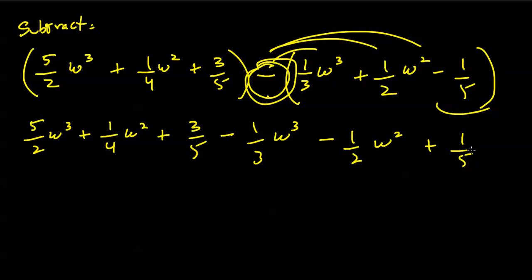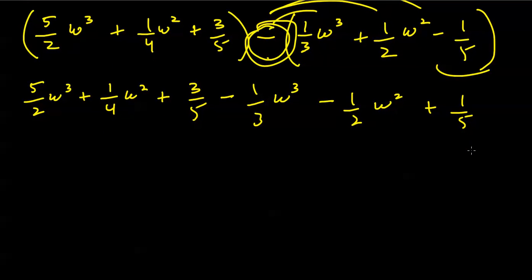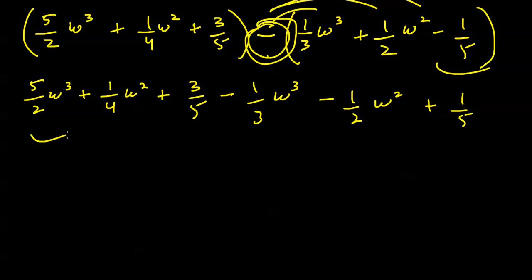Okay? So now I see some like terms. I see a w cubed term pair, a w squared term pair, and a constant pair, which I should be able to combine. Let's take care of the w cubes first. 5/2 w cubed minus 1/3 w cubed.